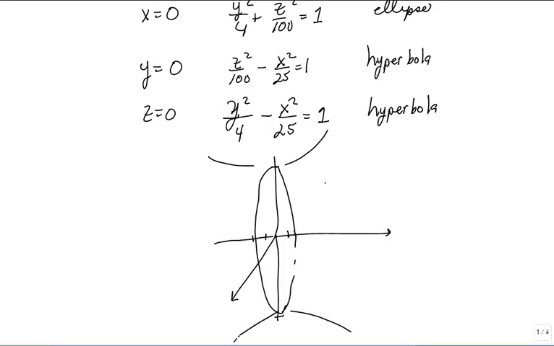And then here, when y is 2, we have a hyperbola, and that's laying flat like this. So let's draw that using Maple.